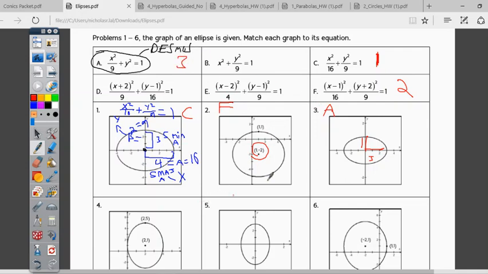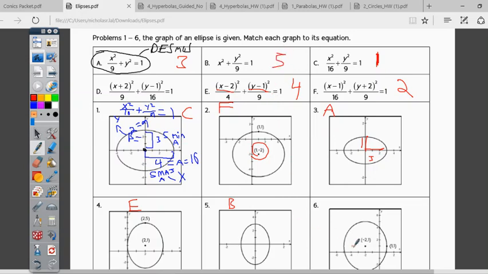Alright, for 4, we have a center at 2, 1, so it'll be x minus 2, y minus 1. The only ellipse with a center that matches up is going to be E, so 4 will be matched up with E, and E will be matched up with 4. For 5, you have a center at 0, 0, and the only other center of 0, 0 left is B, so 5 will be matched up with B, and B will be matched up with 5.